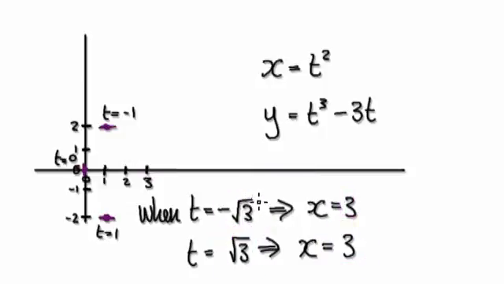So what that means is, at this time here, it's going to cross at this precise point, and then at time root 3, it's going to cross at this same particular point.